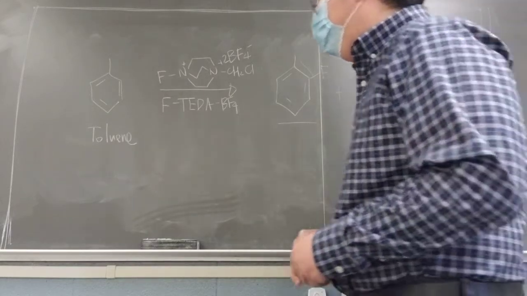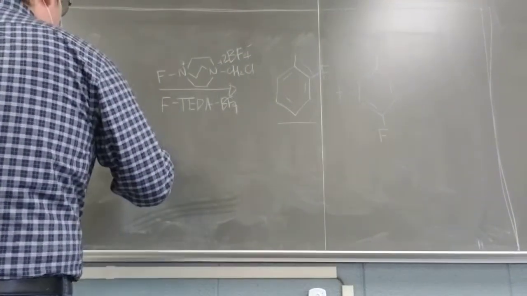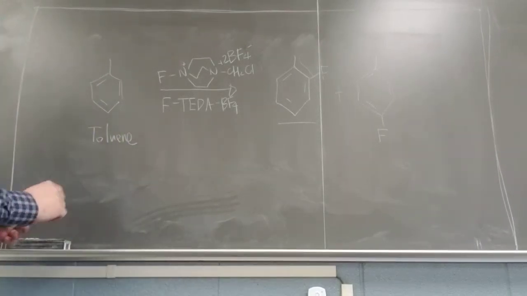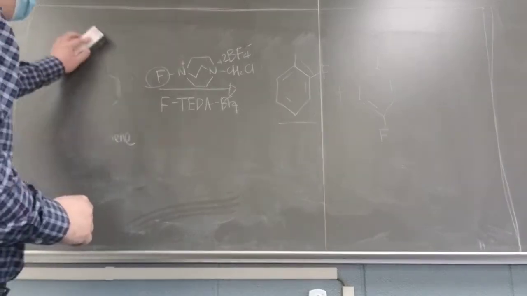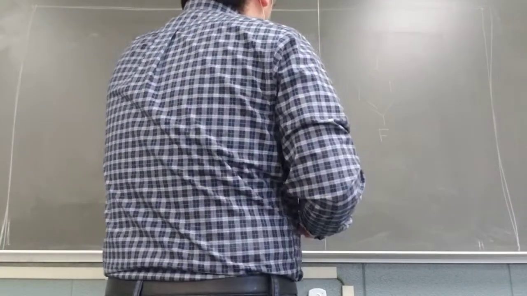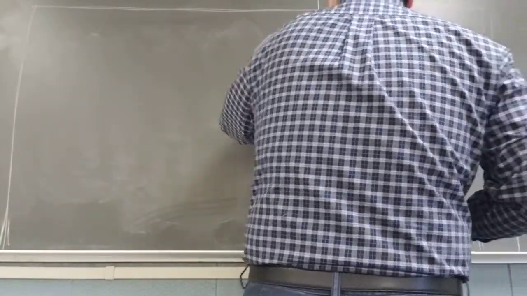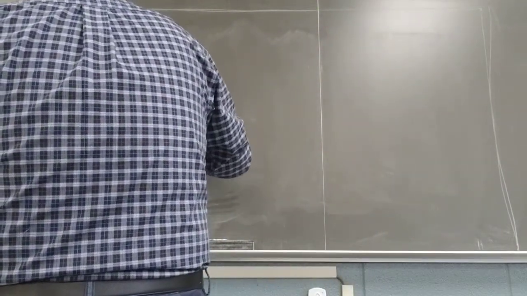Okay? So this is fluorination here. This was kind of a special case because the fluorine is very small and reactive, but this is an exceptional case. But most of the time, we use the chlorine and bromine.